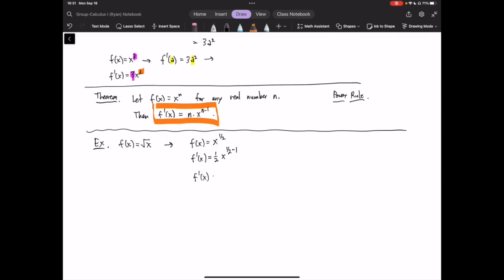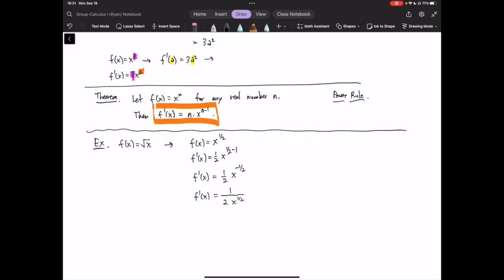So our f prime of x is going to equal 1/2 times x to the power 1/2 minus 1, which is negative 1/2. And negative powers, remember, mean to move the entire term to the bottom of the fraction if it's upstairs. So this becomes then f prime of x equals 1 over 2 x to the 1/2.